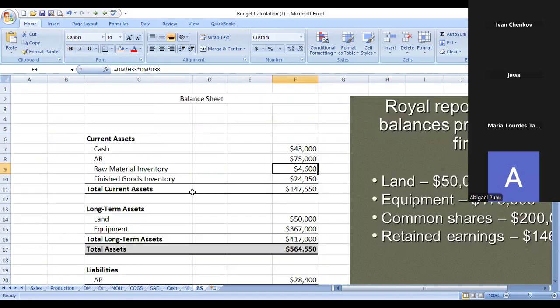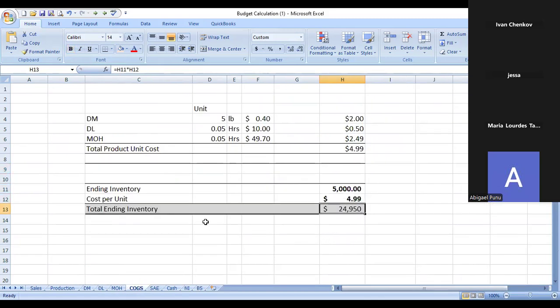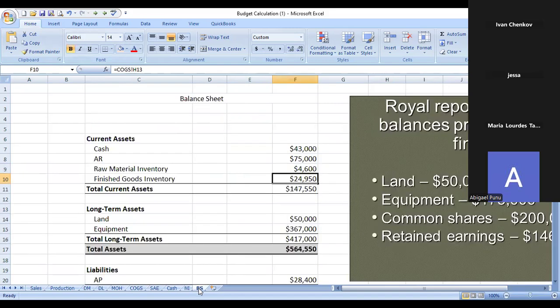So that's going to give us the raw material of $4,600. Finished goods inventory, we already calculated in the cost of goods sold that the ending inventory of the finished goods is 24,950. We're going to add that one, 24,950.